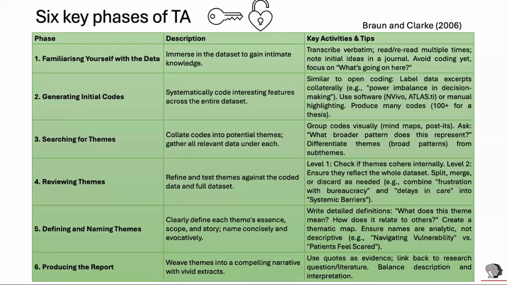And then the third phase will be searching for themes. This is the process where you collate all the codes into potential themes, and this is done by gathering all the relevant data under each. Like I've mentioned previously, during this phase, you will group all these different codes that you think are talking about the same features or referring to the same issues.